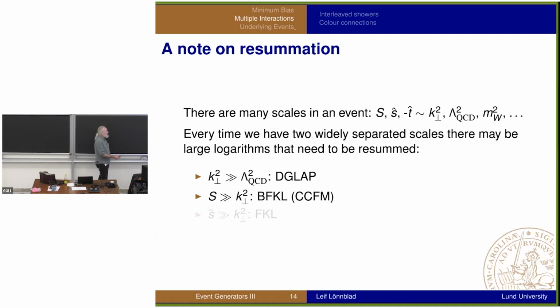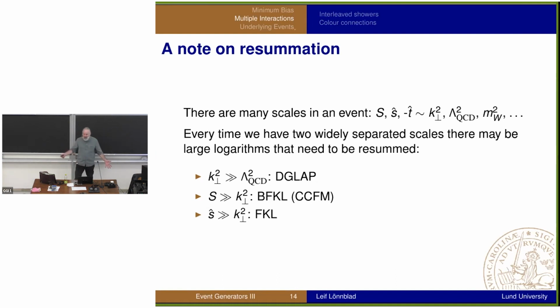And we have other names here. The L is the same in these two, that's Lipatov. But BFKL, CCFM is another way to resum this. And we can even have kTs which are much smaller than the hard scattering energy, and that's BFKL.